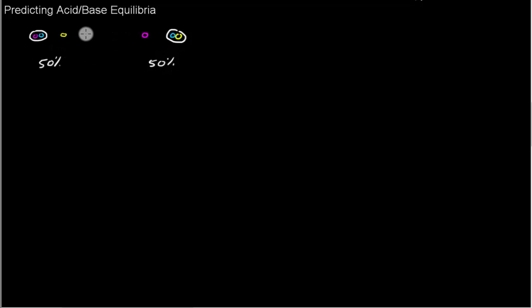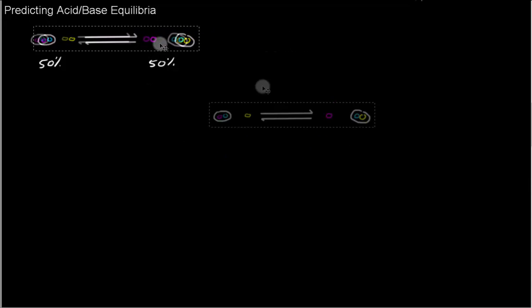In that case, if we were to talk about equilibrium, we would say that there would be an equal equilibrium between these two states. So 50% of the time we have this on the right, and the other 50% of the time we have the other scenario on the left. So this is one way to talk about equilibrium.